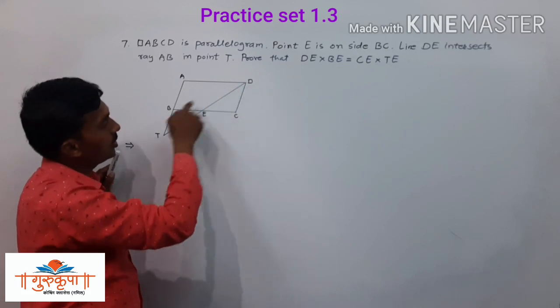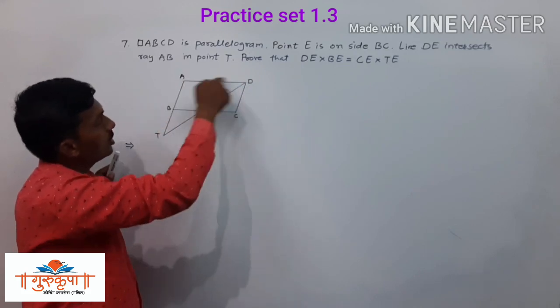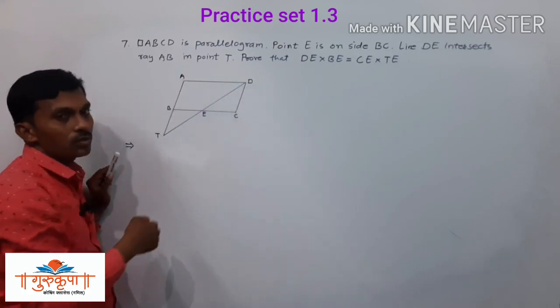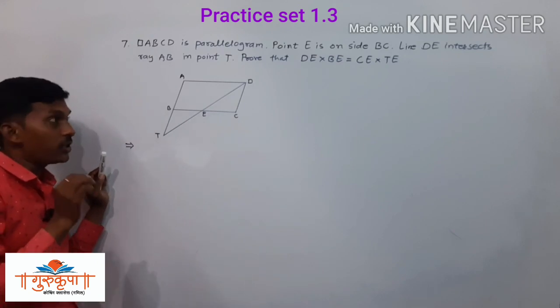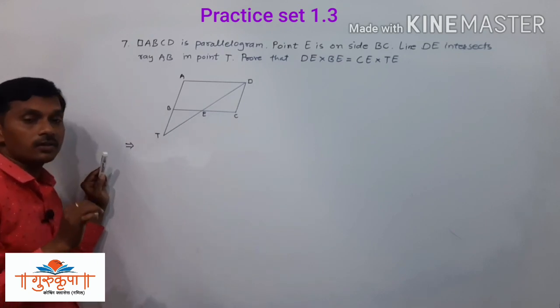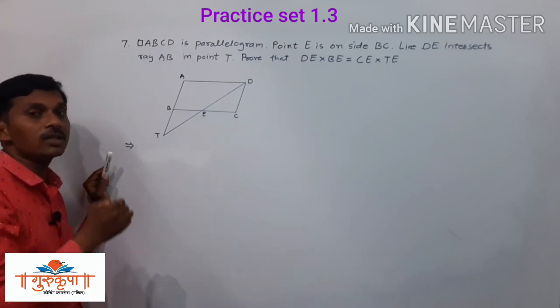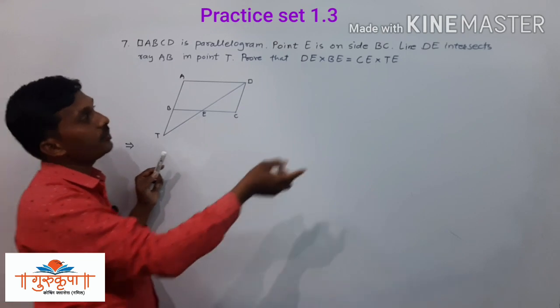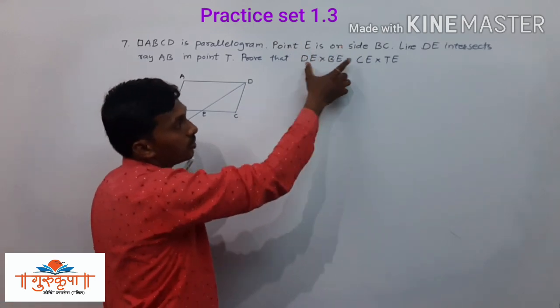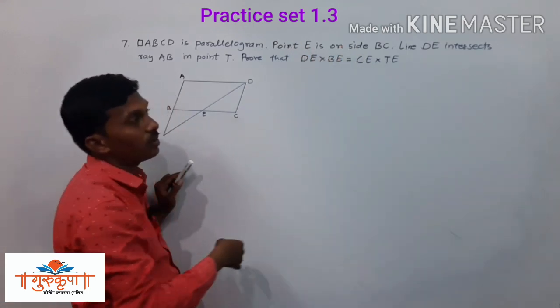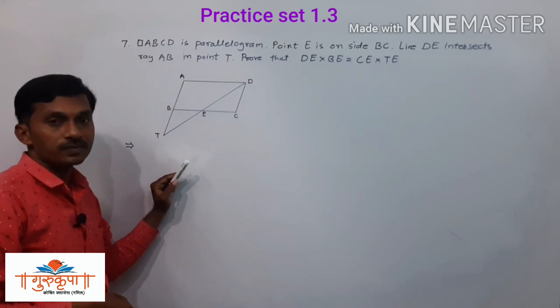This is a triangle, this is also a triangle, this is also a triangle. So which triangles we can consider, and how can we prove that these two triangles are similar, and how will we get this product of DE into BE is equal to CE into TE.